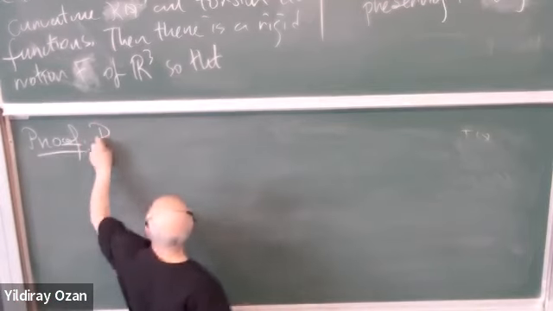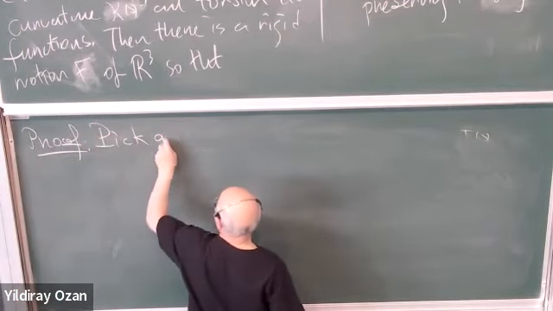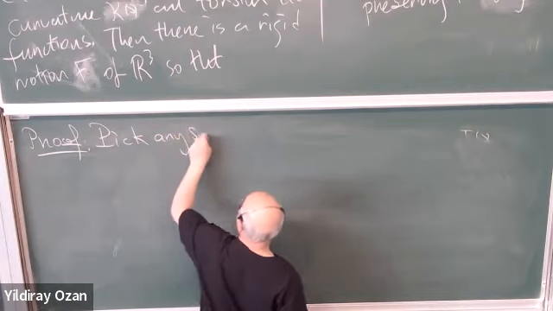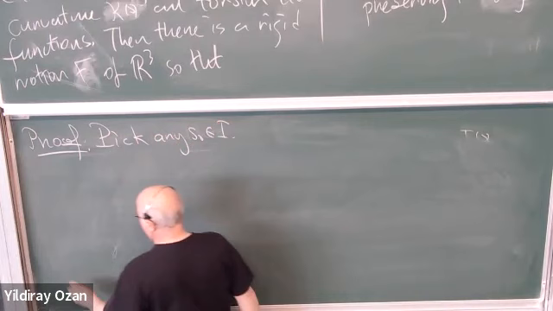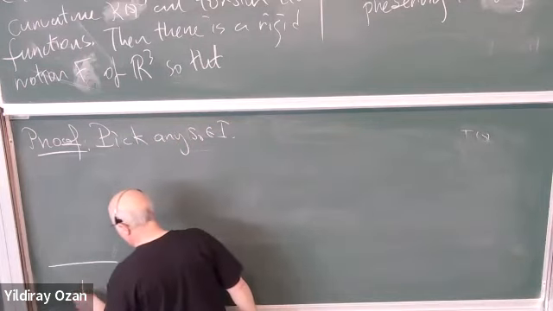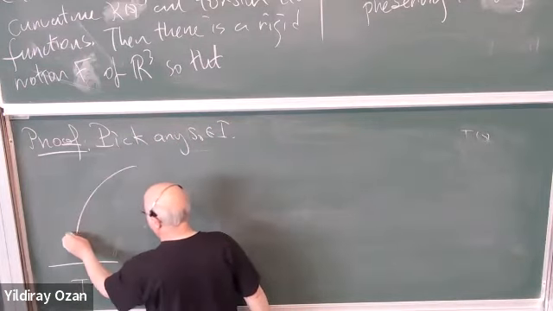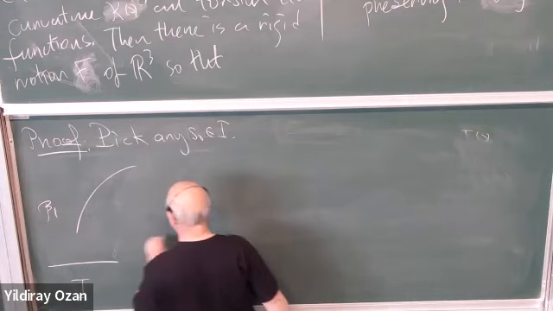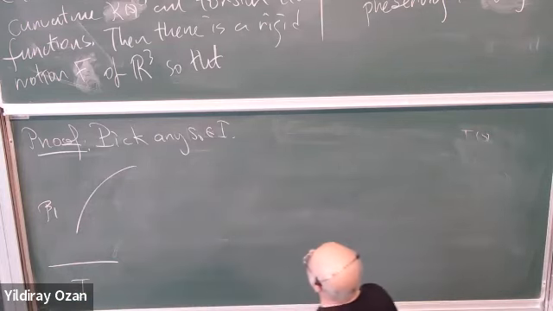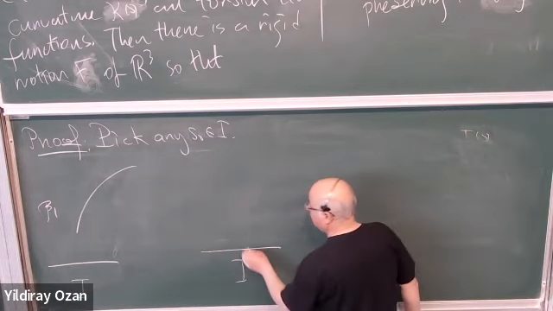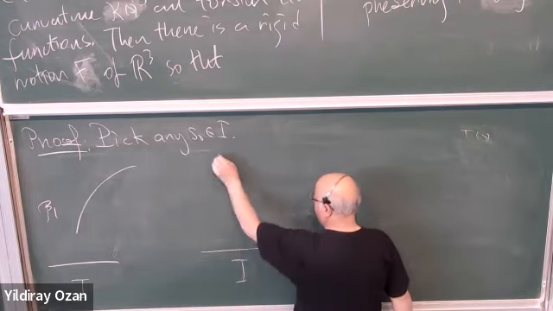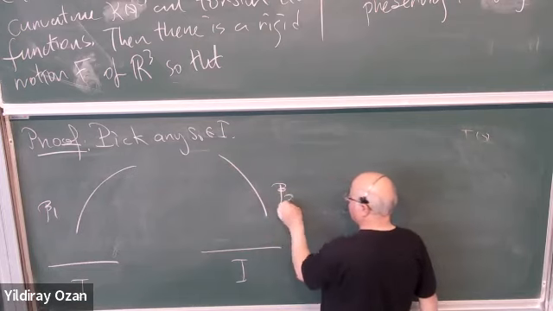Okay, now pick any S0 here. So I have this interval I, and I have this curve beta 1. And then I have the same interval and this curve beta 2.